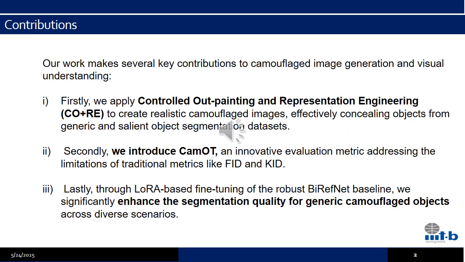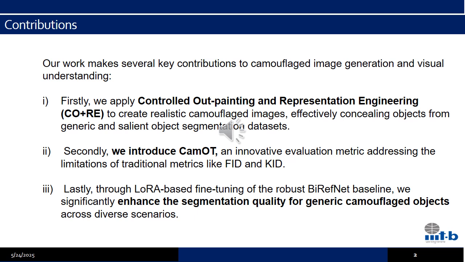In this slide, we present our contributions. Our work makes several key contributions in the field of camouflage generation and visual understanding. Firstly, we apply controlled outpainting and representation engineering, which we abbreviate as CO plus RE, to create realistic camouflage images.